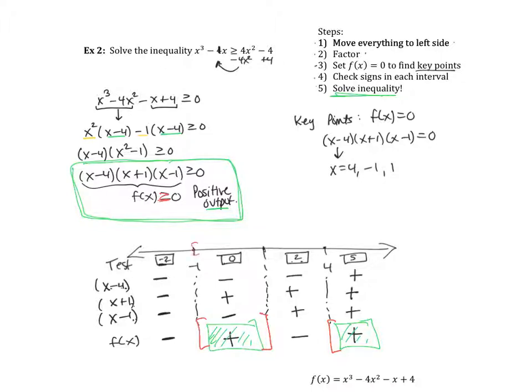So the answer is, what are all the x's that make this true? Those x's go from -1 to 1, or over here from 4 to infinity. And that's my answer.